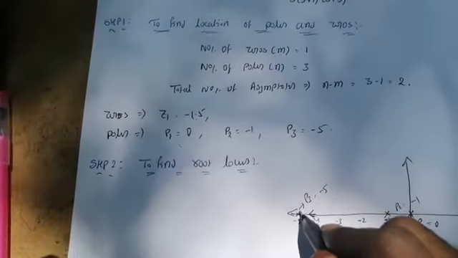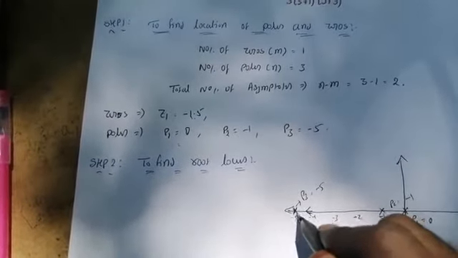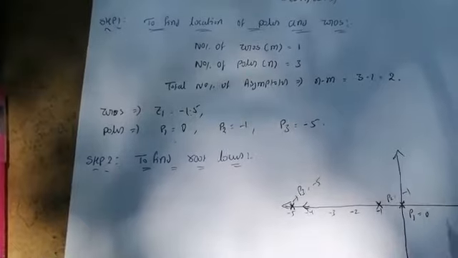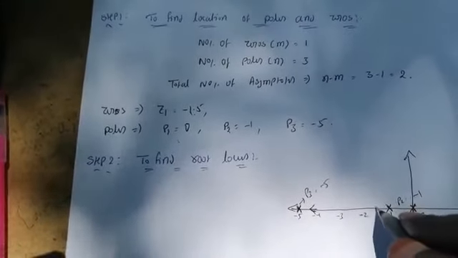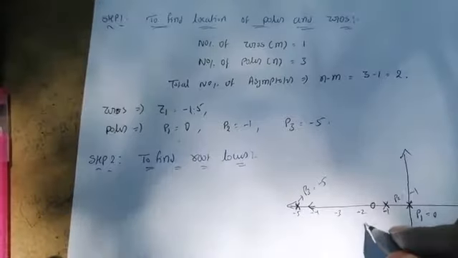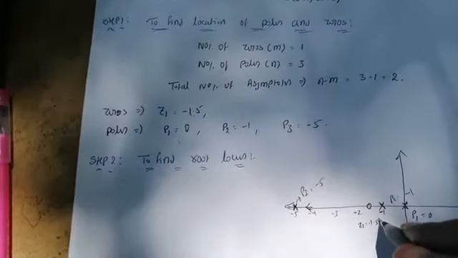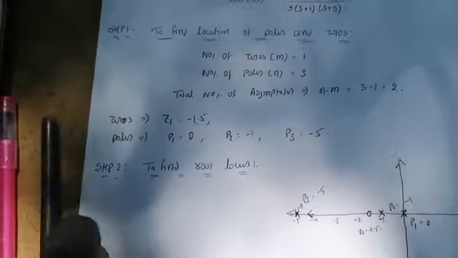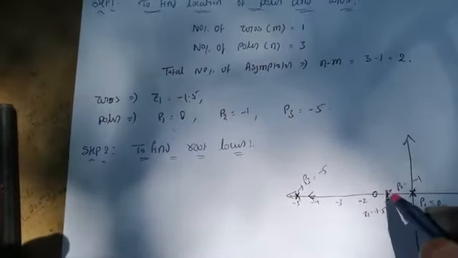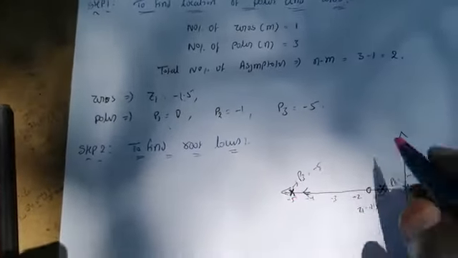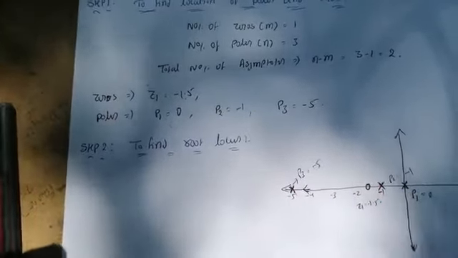So these are the 3 poles, and poles should be represented by the cross mark. Next, the zero is at minus 1.5, so Z1 equals minus 1.5 is located here. So these are the 3 poles and the zero at minus 1.5.